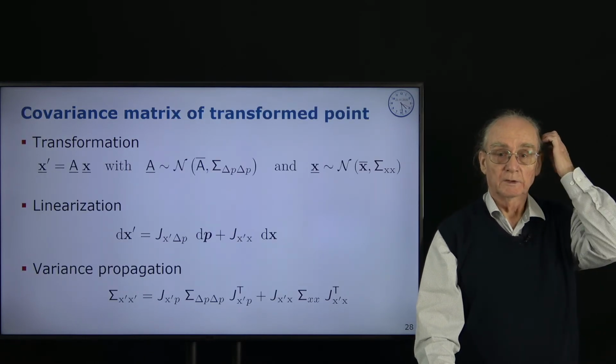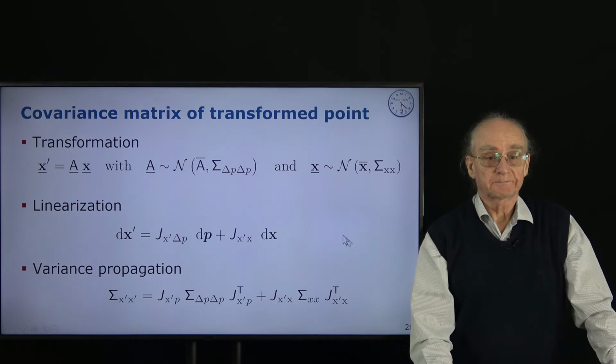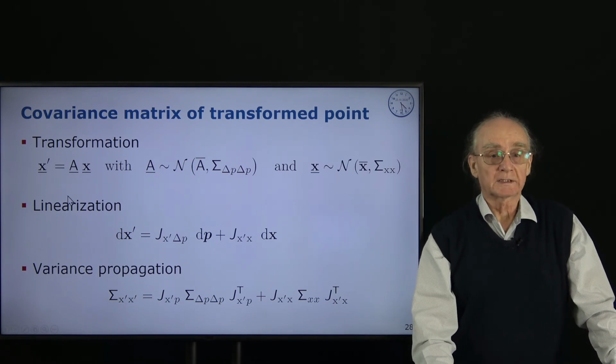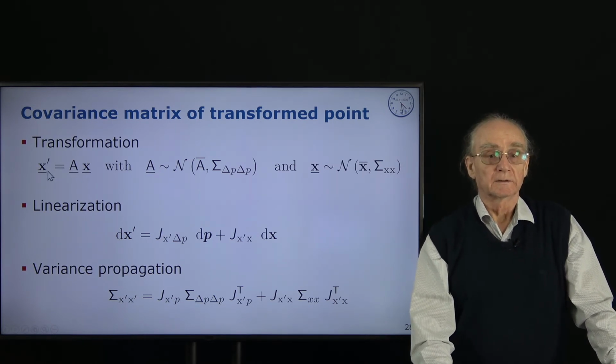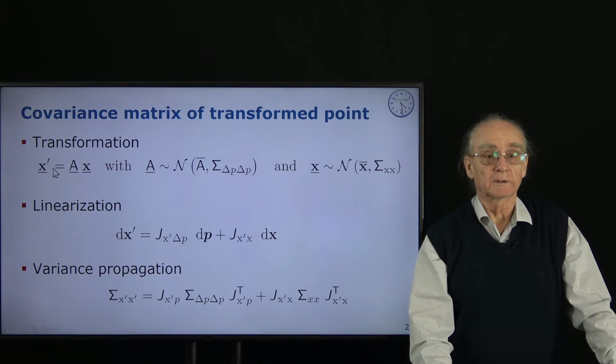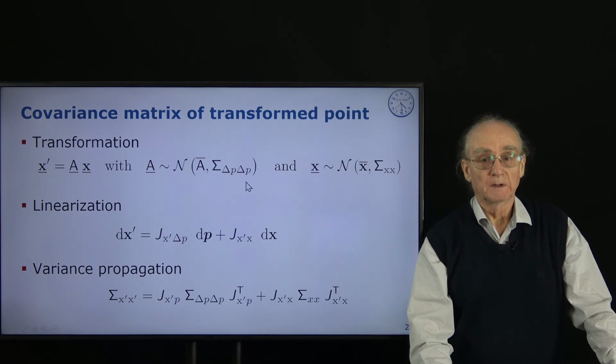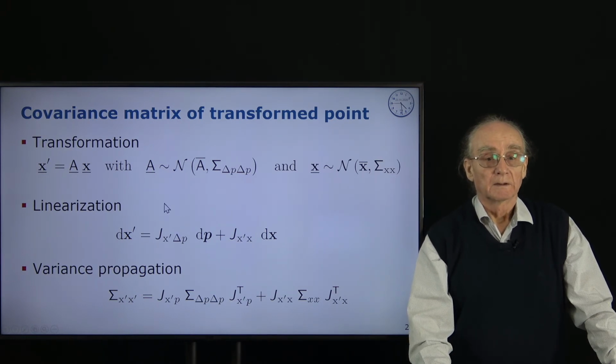So together we have the following situation. We start with the task, which is what is the uncertainty of x prime as a function of a and x. And we have given a with its mean and the covariance matrix of the corrupting parameters p. And x has some mean value and some covariance matrix. We linearize, we know how to do this now.